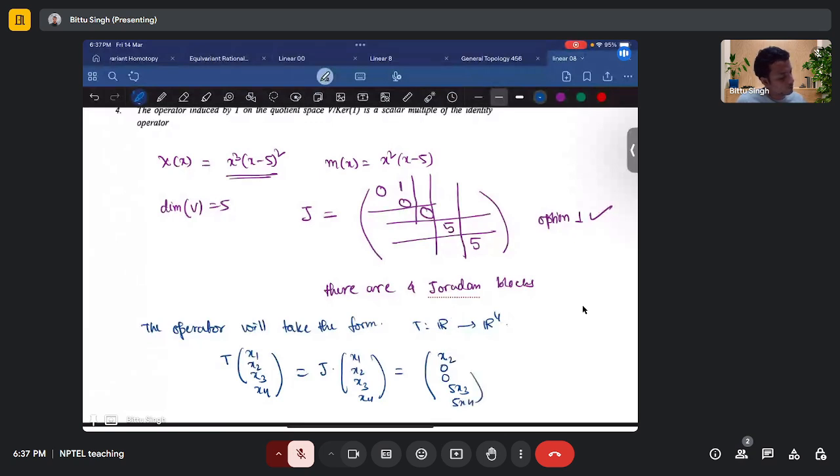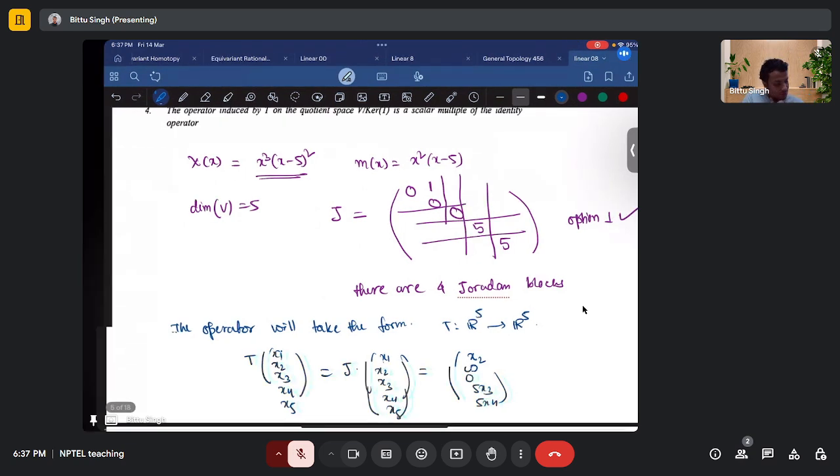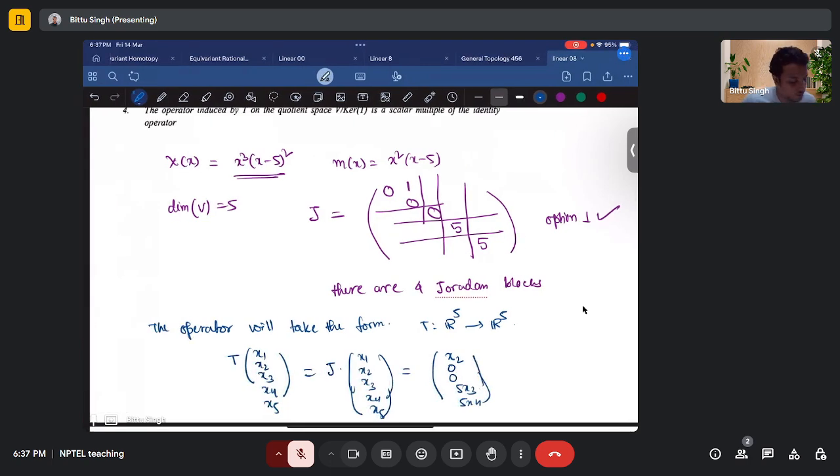Sorry, this is actually a 5 by 5 matrix because the operator is acting on a 5 dimensional space, so we need to take another x5. So this is actually the matrix representation of the operator with respect to some basis, because the operator may not exactly look like this, but with respect to some basis it will look like this, right?